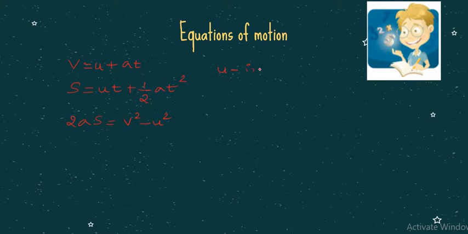u is the initial velocity of the object, and v is the final velocity of an object.